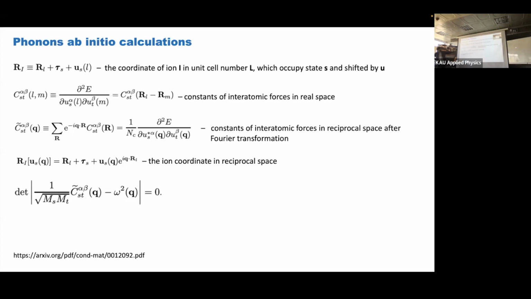From our zero unit cell, as we call it, we go some number of unit cells, and we say that in the L-th unit cell you have this ion, and in this unit cell this ion occupies state S. It is just the coordinate of this ion in unit cell L, and we distort it in some way. So the idea is to distort.